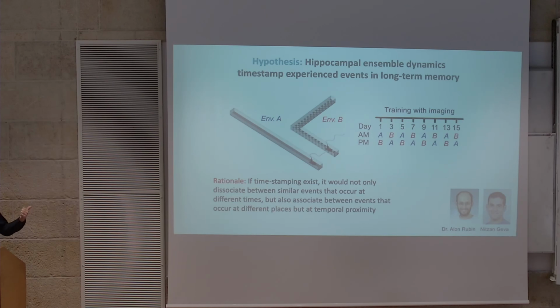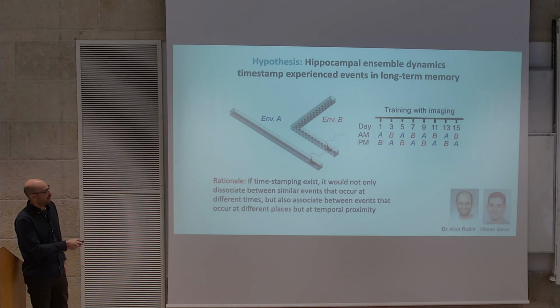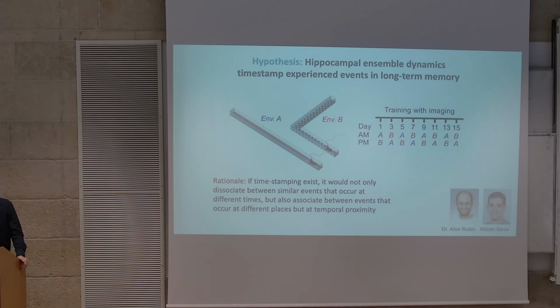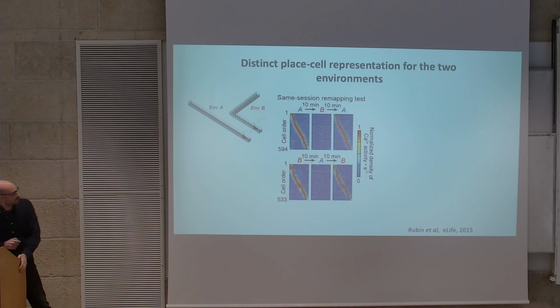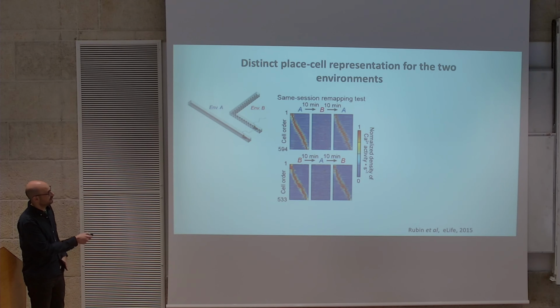But before we could do such an analysis, we needed to verify that the hippocampus indeed represents these two environments very differently. And indeed, this is what we did. The fact that we are using two different environments doesn't in itself necessarily mean that the hippocampus regards them as different, but it does. So environment A has a unique representation that is very different from environment B, and vice versa.